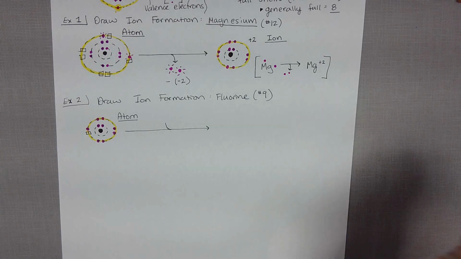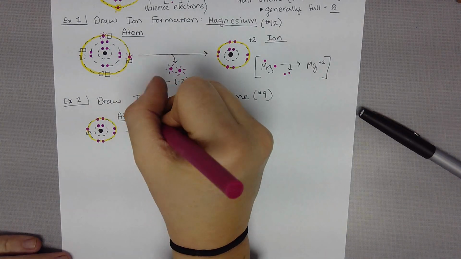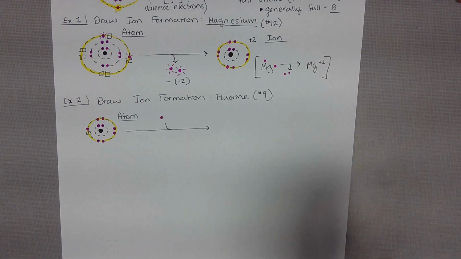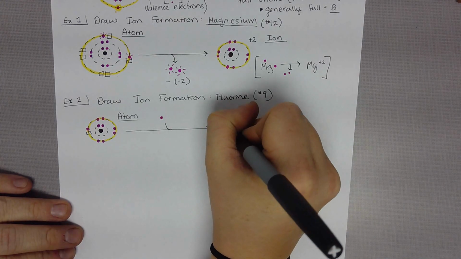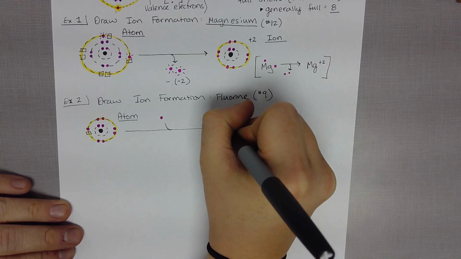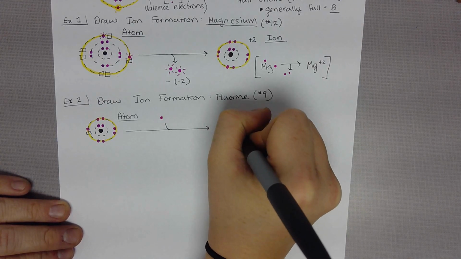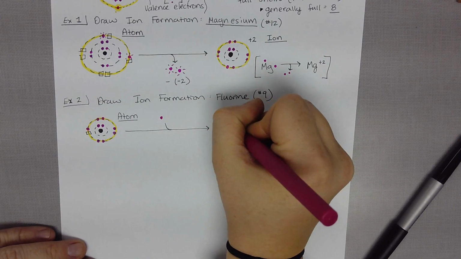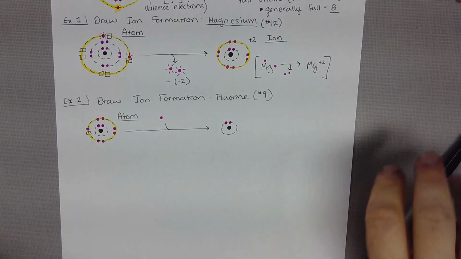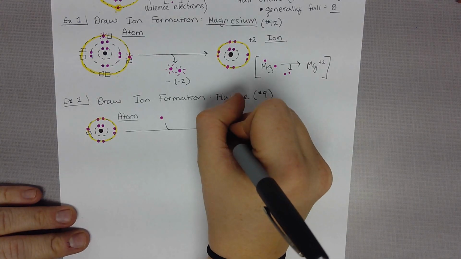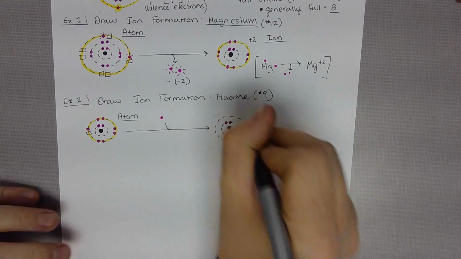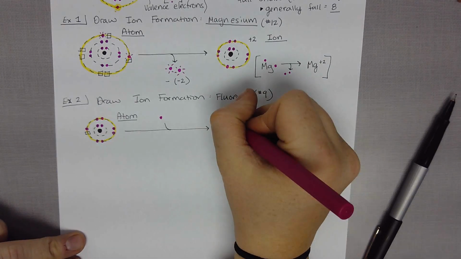It's going to gain electrons. It's going to pull an electron in and add it to its current setup. You're not going to edit those inside shells. So that inside shell is still going to have 2 electrons, but that outside shell is going to change. It started with 7. I added 1. Now I have 8.